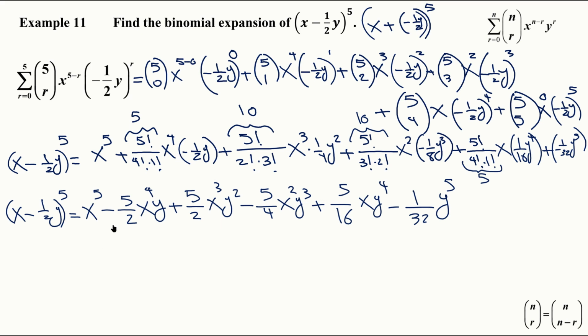Do also notice that the signs alternate because it was a difference that we were finding the binomial expansion of: positive, negative, positive, negative, positive, negative. All right, that's that for this problem. Just one more quick topic and we are done, not only with this lesson, but with this class.